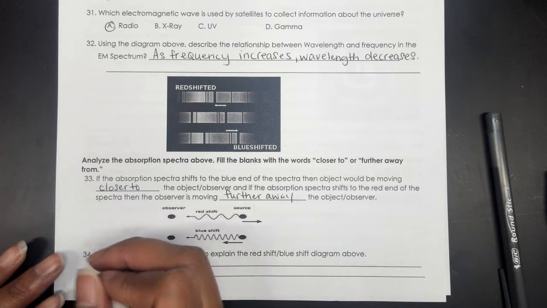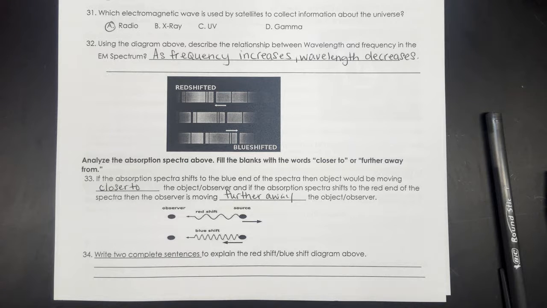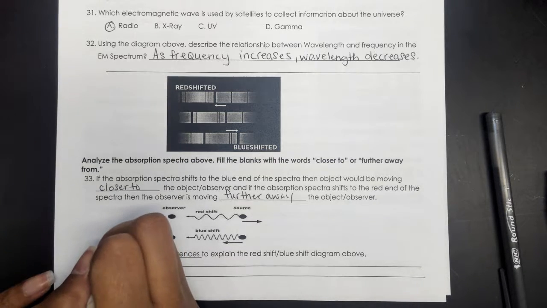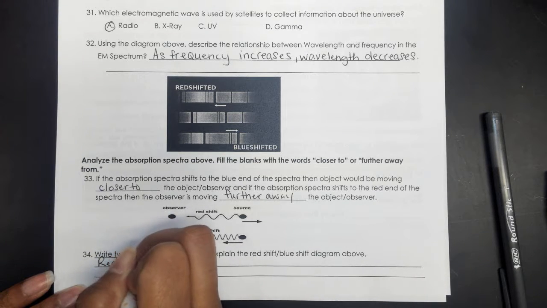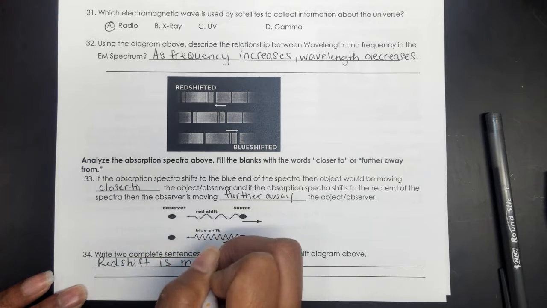Red shift is moving away, and what happens to the wavelength? Increases, because remember the slinky, if I pull the slinky apart, it's getting bigger, so red shift. Red shift is moving which way?